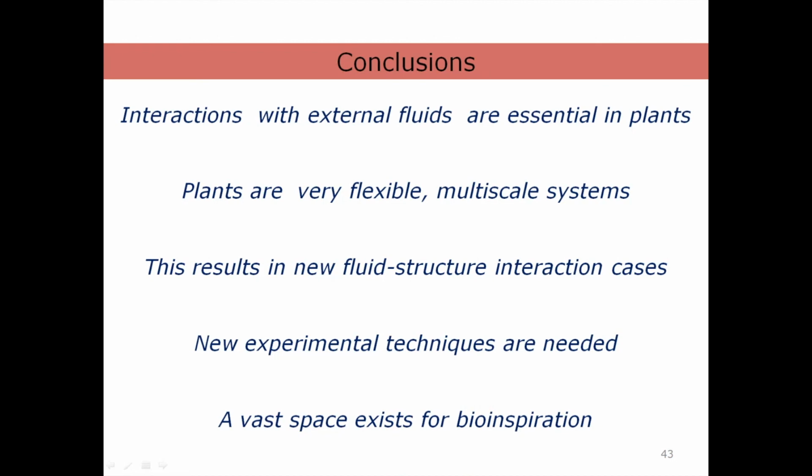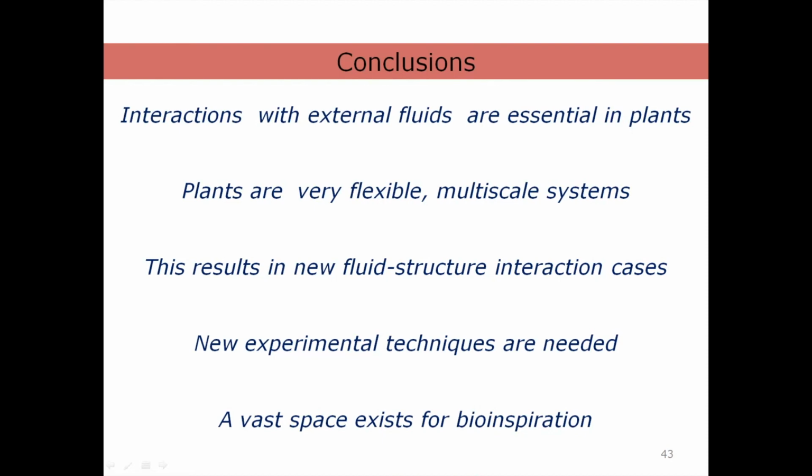I didn't say much about the experimental techniques, but they are really interesting to develop, in the sense that whether you're interested in the solid part or the fluid part, it's not the same thing to measure things in a wind tunnel on a NACA profile, even flexible, and things on a tree outside. For example, the flow inside the trees is a really tough problem.